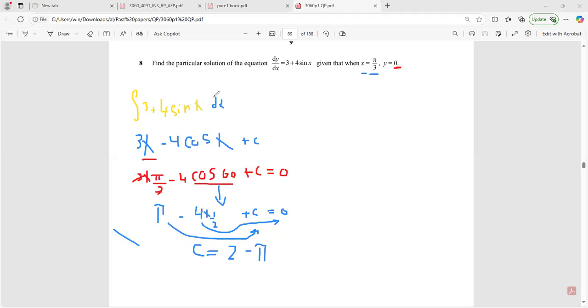So the particular solution for this equation would be y equals 3x minus 4 cosine x, and the c now is plus 2 minus pi.